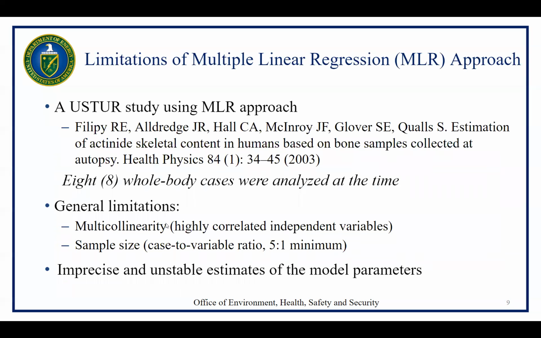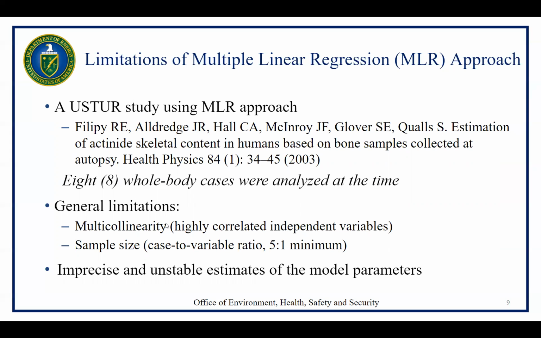The second limitation is the small sample size. Phillips' study in 2003 used only 8 whole body cases available at the time in the multiple linear model with 2 to 5 bones as independent variables. For 8 cases with 2 bones, the case to variable ratio is 4.